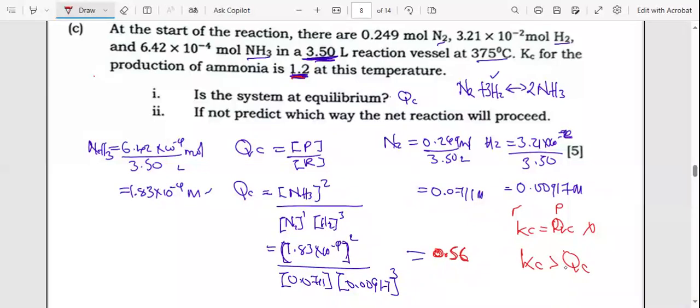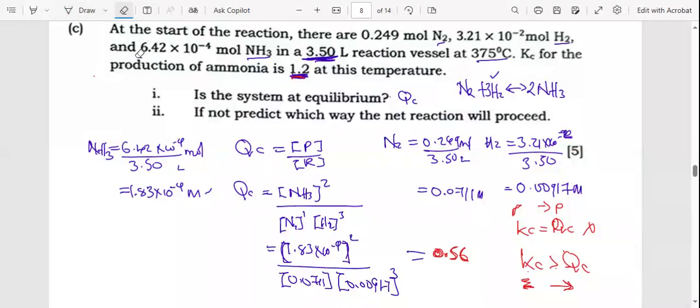This means that we have more reactant than products. So the reaction will shift where? It will go and make more product because it has a lot of reactant. So it will go there to form more products. That's the direction it will proceed in. Hope it's clear.